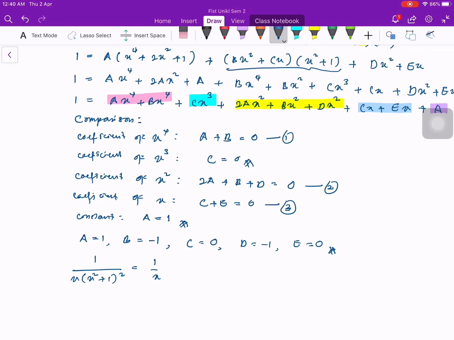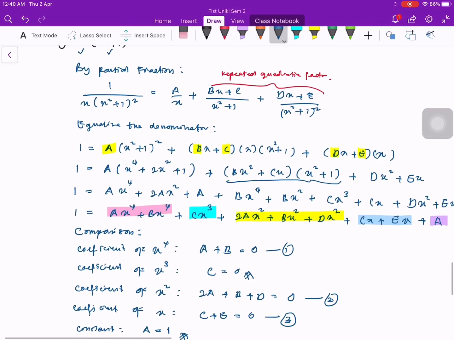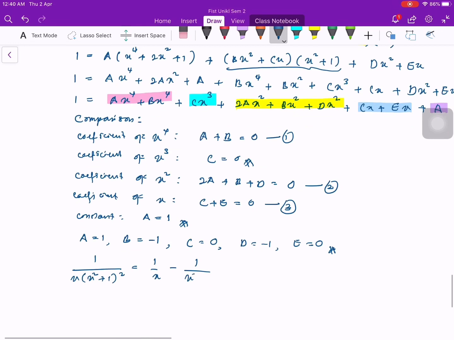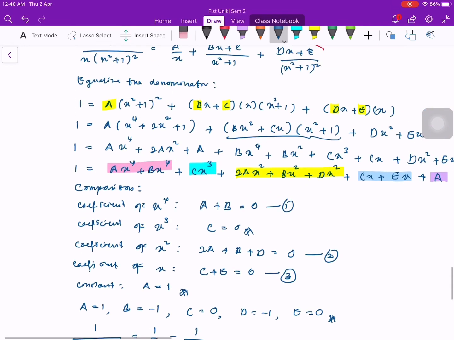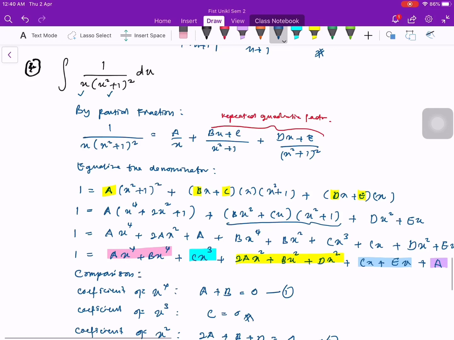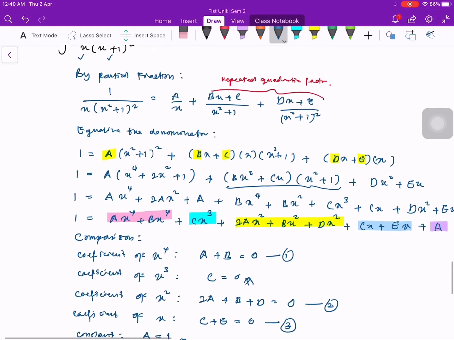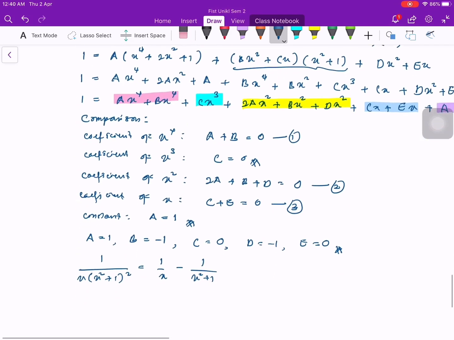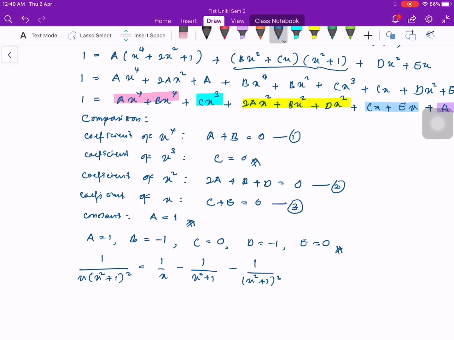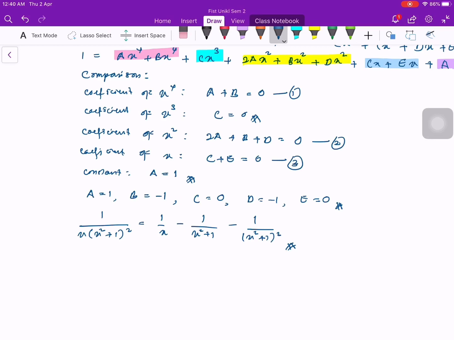Then we are going to have minus 1 over x squared plus 1. Then we have d, which is minus 1 as well, and e is 0. Then we have a minus 1 over x squared plus 1 to the power of 2. So this is actually our partial fractions of 1 over x times with x squared plus 1 to the power of 2. Then we proceed with integrations.